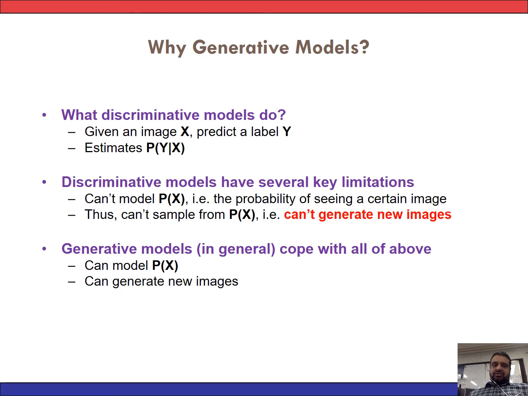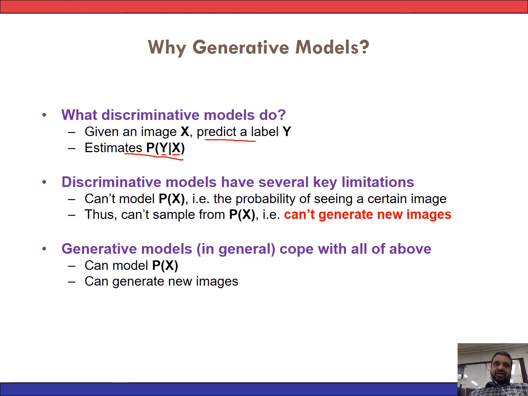Previously I talked about the differences between the generative and discriminative models, so let's revise it again here. The discriminative model takes the input image X and predicts the label, or we can say that the discriminative model learns the conditional distribution. It generates the label Y given the image X. The discriminative model cannot learn the data distribution.